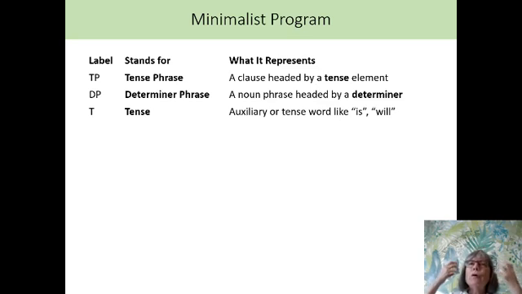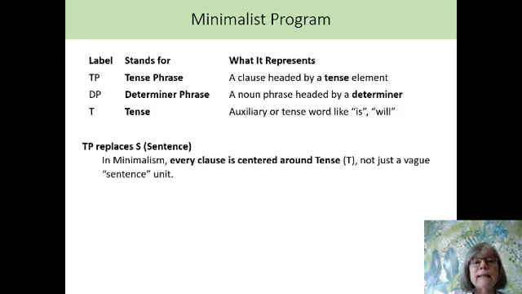It's theorizing this knowledge we have about language, our linguistic competence that resides in the brain, and which is not necessarily something that we can raise to our awareness, to our consciousness. So the minimalist program uses these labels: tense phrase, determiner phrase, and tense.